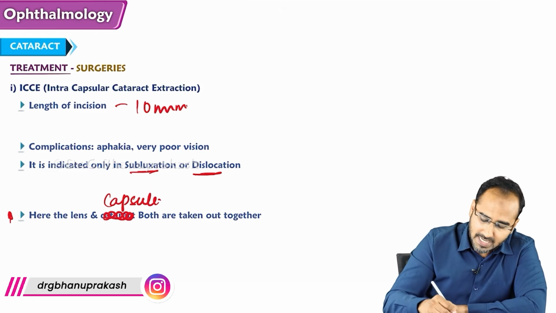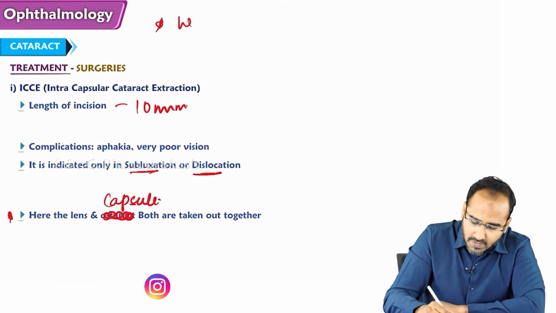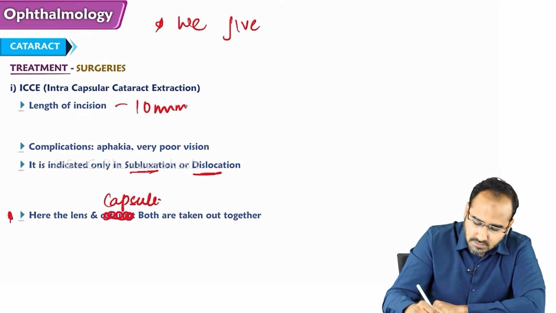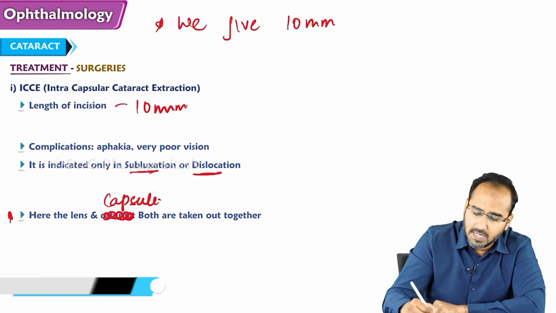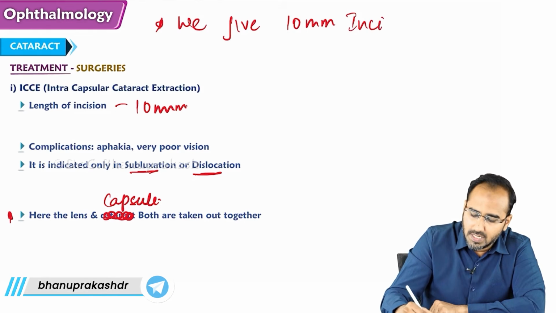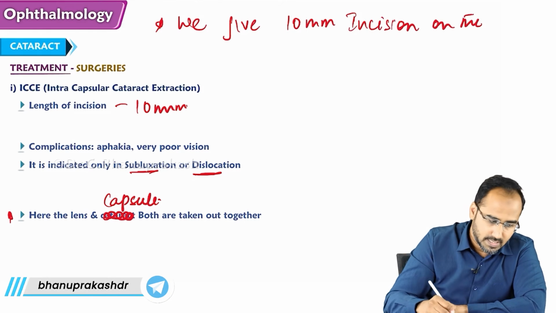So remember guys, in ICCE, we give a 10 mm incision on the limbus.